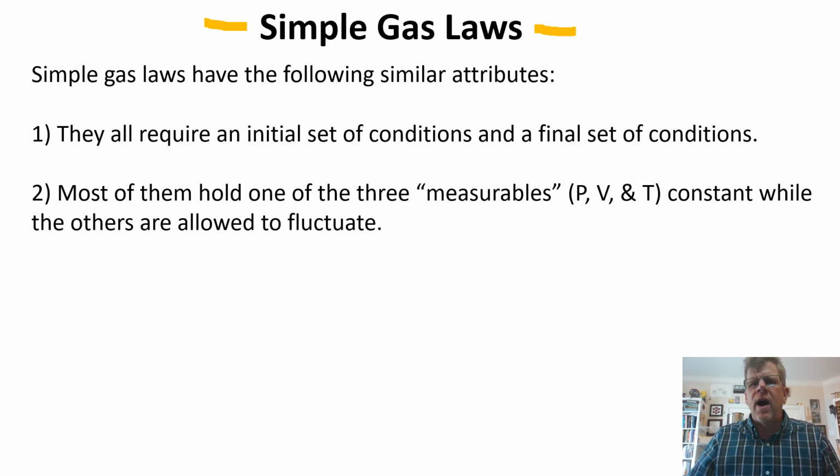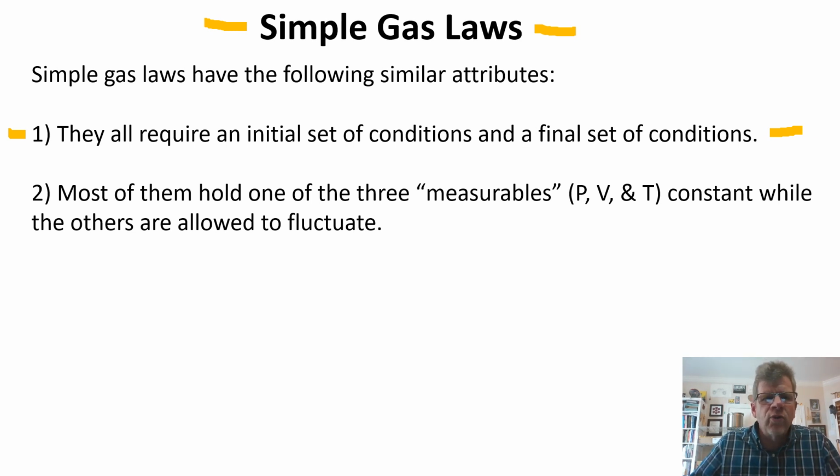Simple gas laws are essentially ways of putting together pressure, volume, and temperature, those three measurables of a gas, from an initial set of conditions and finding out an unknown one of these measurables in a final set of conditions. So simple gas laws have that first attribute. They all require an initial set of conditions, pressure, volume, temperature perhaps, and a final set of conditions, another pressure, volume, and temperature, once that gas sample has been manipulated in a certain way.